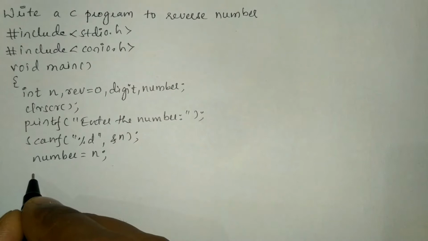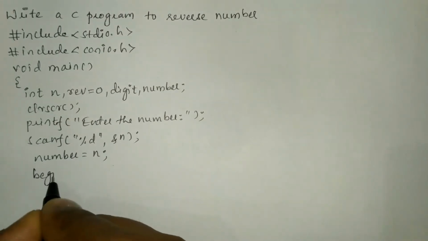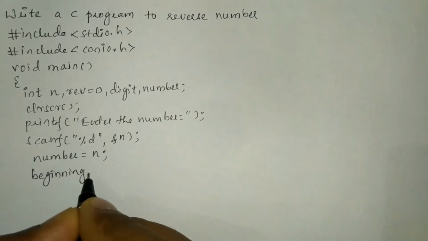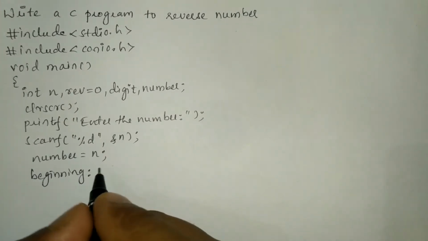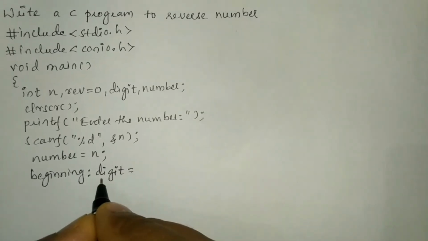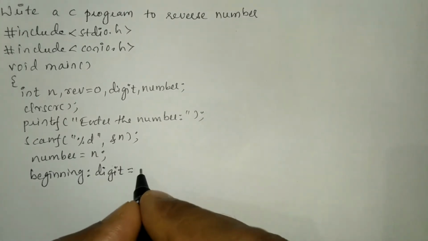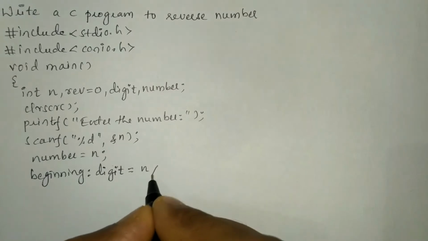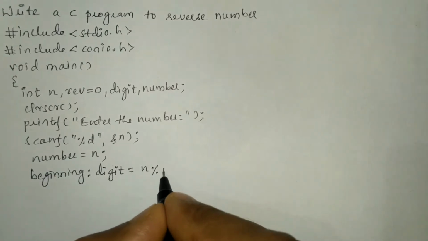Now I'm going to write a label called beginning, for example beginning, and then I'm going to write a colon and I'll write digit here. So digit gives me the remainder. Now we'll take the n value, modular division by 10.